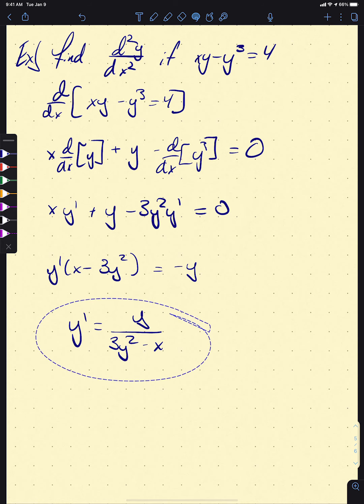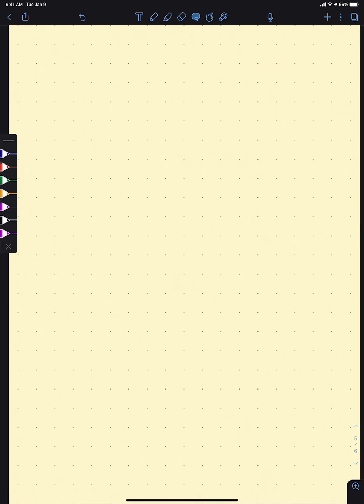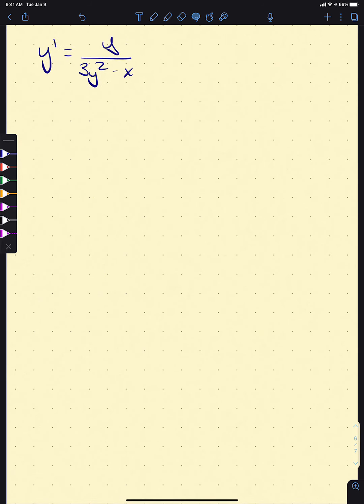So what I'm going to do is actually copy this one, paste it here, and we get that y double prime. Now we just need to use the quotient rule, right? So that means that we're going to do low d high, which is just y prime, minus high d low.